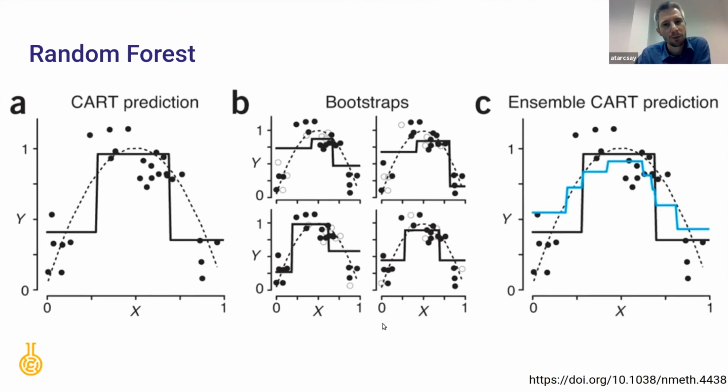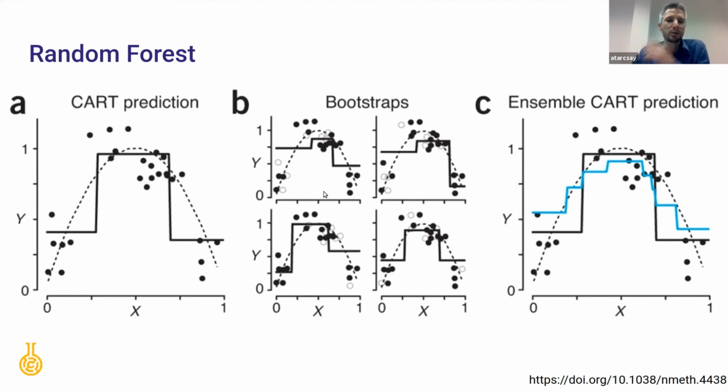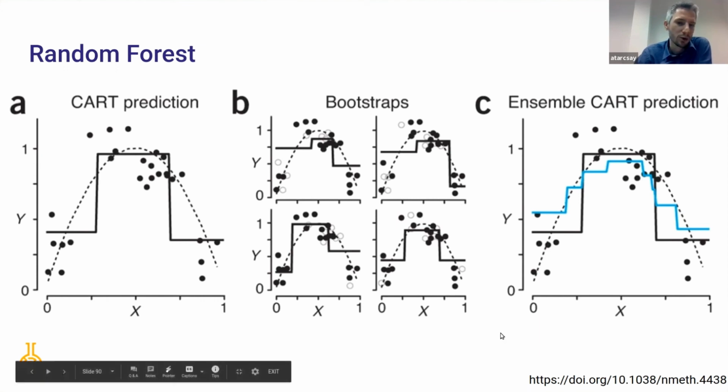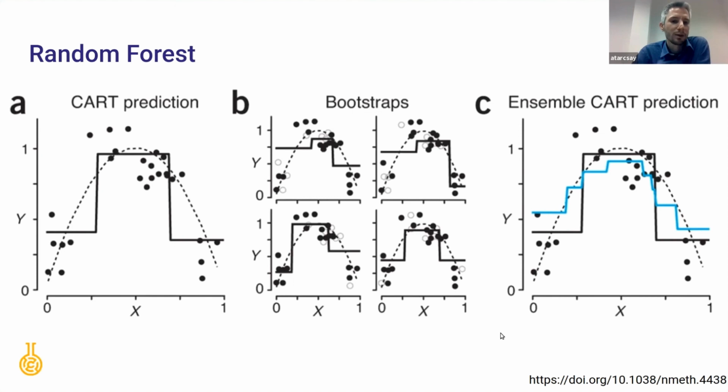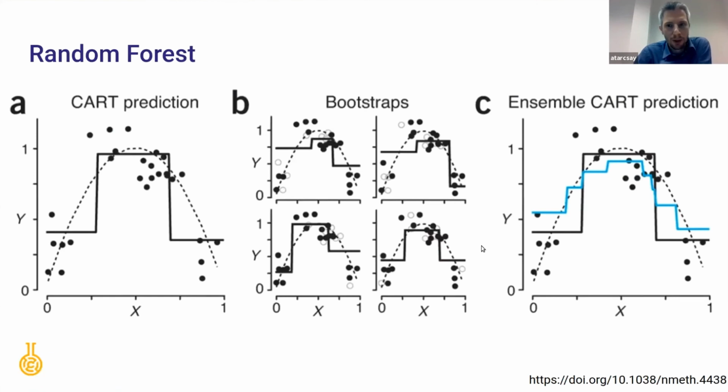But here comes this bootstrapping, what I showed you before. What if you subsample your entire sample set and you build different decision trees? Then you will get these plots here. The different decision trees will result in different decisions about where your actual predicted value is. Here the gray ones are left out from the prediction.